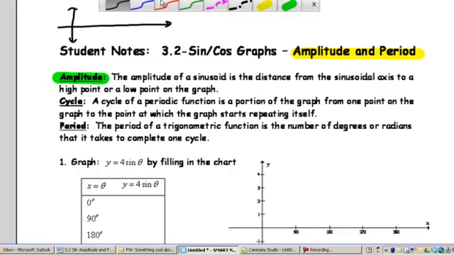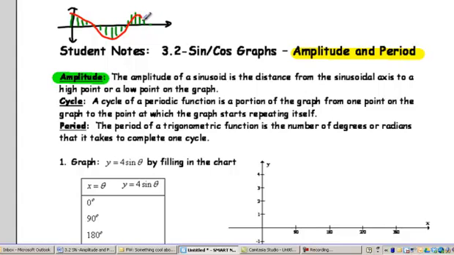Pretend we had green spaghetti, and it looked roughly like this, give or take. Okay? And it goes on forever and ever. So the cosine graph looks kind of like a roller coaster.